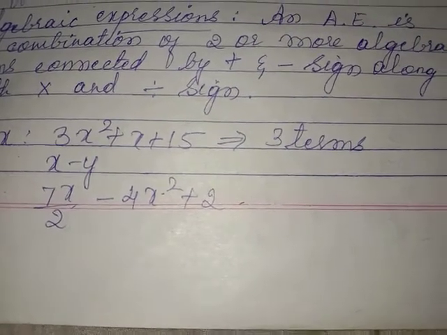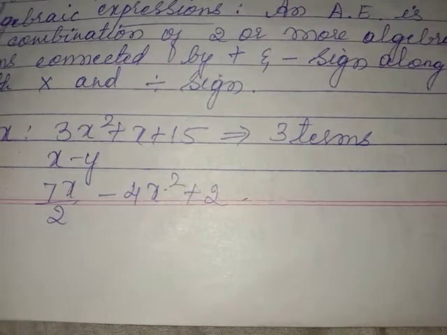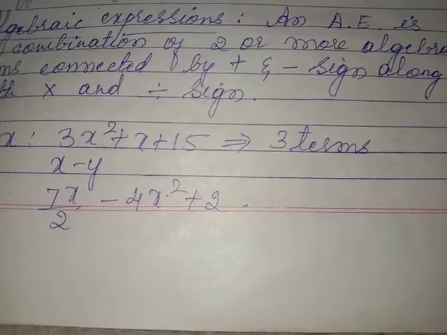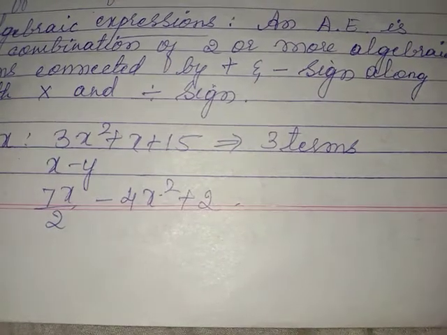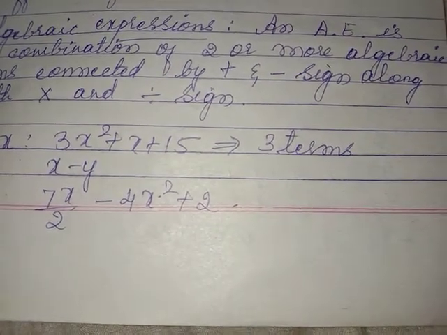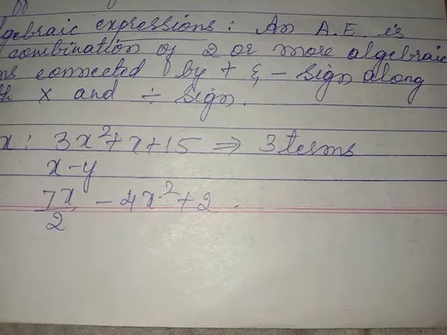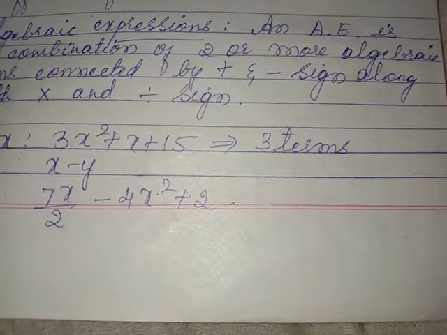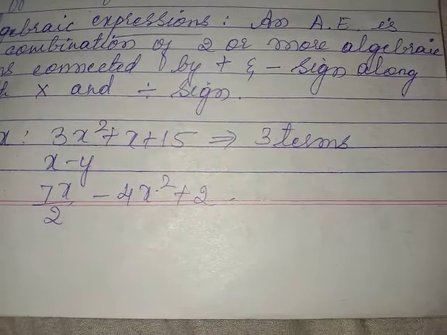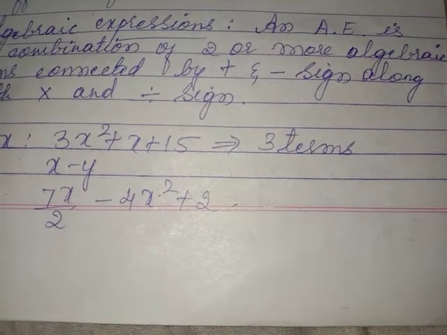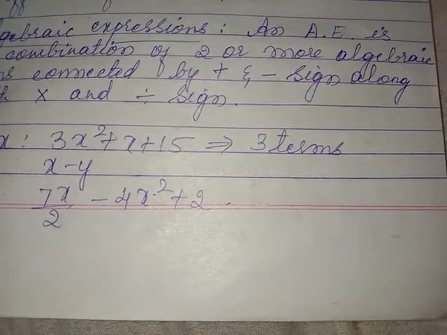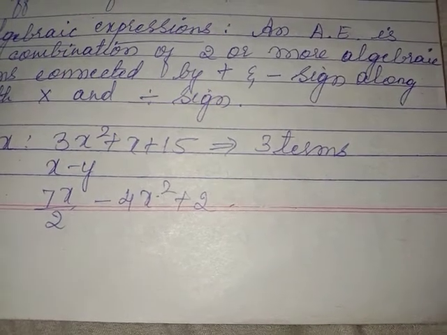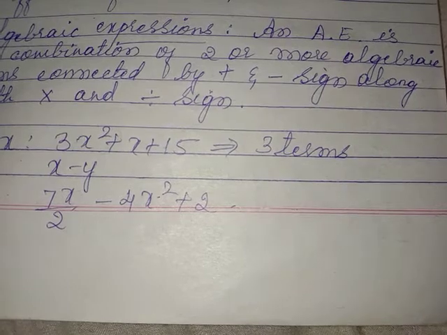And one more thing we must know. In 7x by 2, what is the numerical coefficient of 7x by 2? The numerical coefficient of 7x by 2 is nothing but 7 by 2. So once again I am repeating, in the term 7x by 2, the numerical coefficient is 7 by 2. Understood?